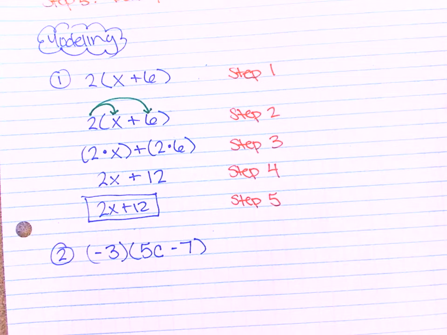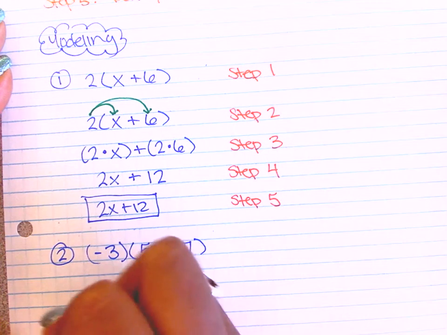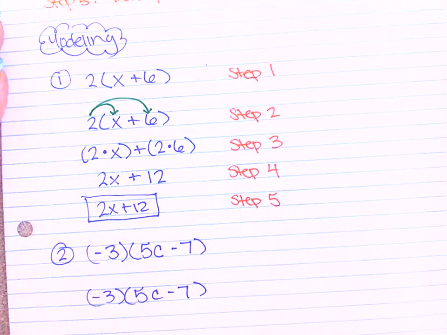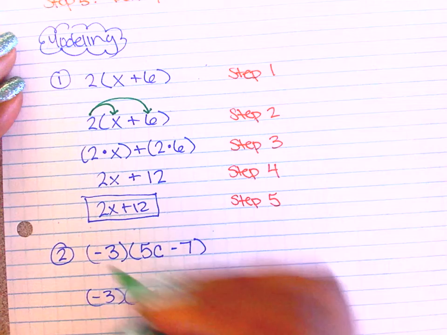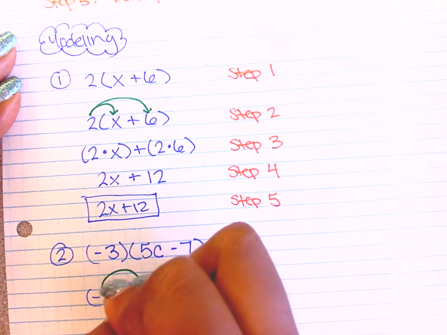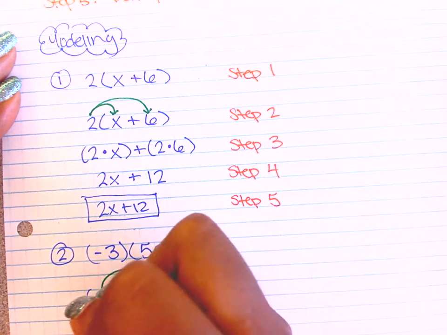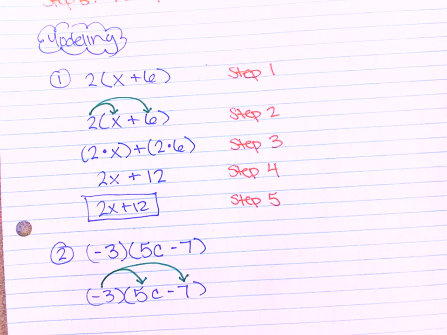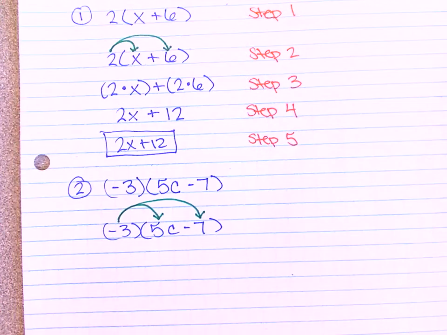It means the same thing as just having the 2 outside the parentheses in the problem before. Okay? So I have -3 times 5c minus 7. I draw my handy dandy arrows. -3 times 5c and -3 times 7. It tells me what to multiply by.